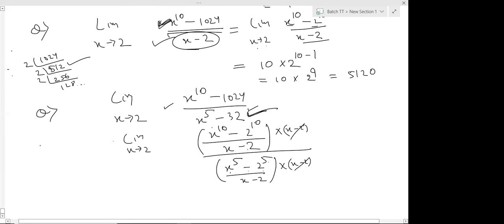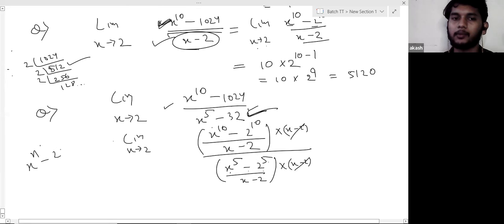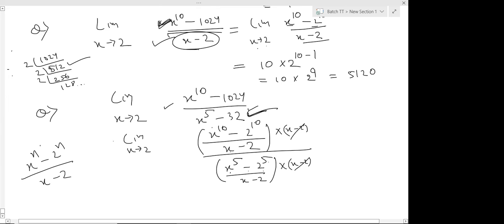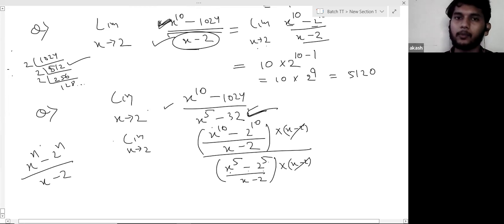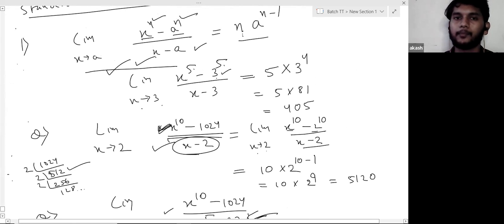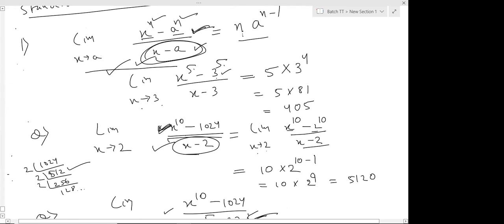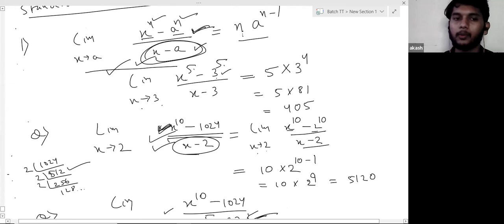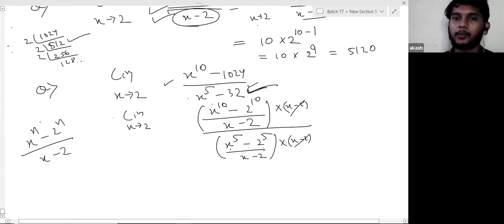But look at the formula, x raised to the power n minus a raised to the power n upon x minus a. To apply this formula, you need x minus a also in the denominator, but you do not have that in this question.